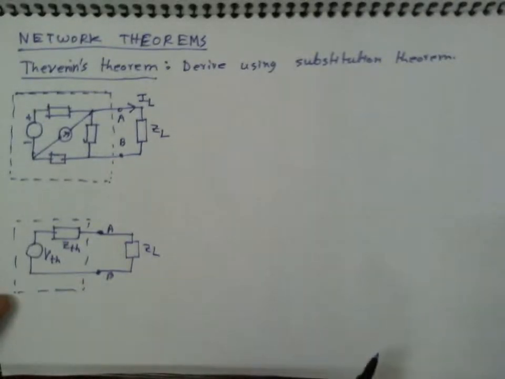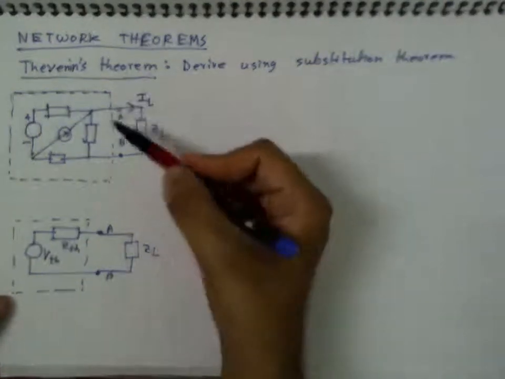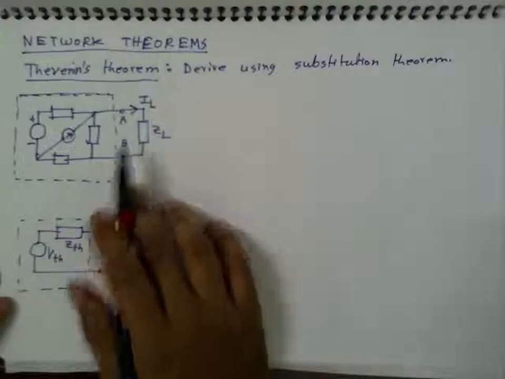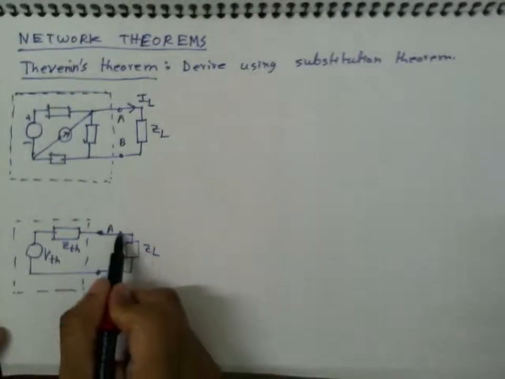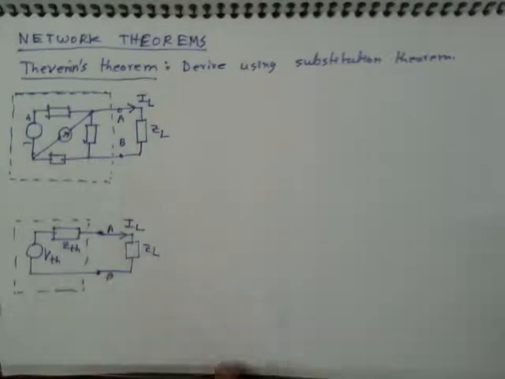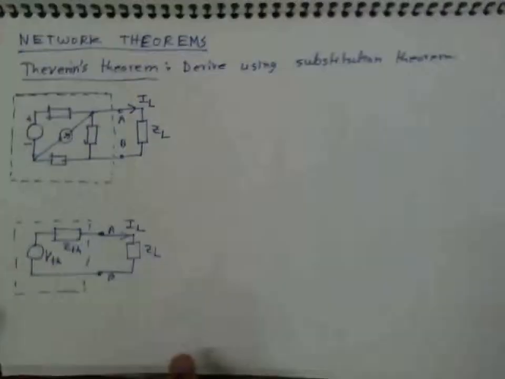Then if I compute the current IL here, and the current in this circuit, that will also be IL. So that's what Thevenin's theorem says.